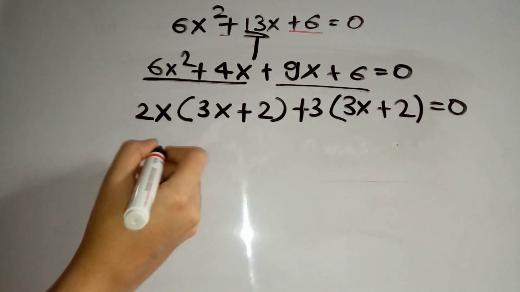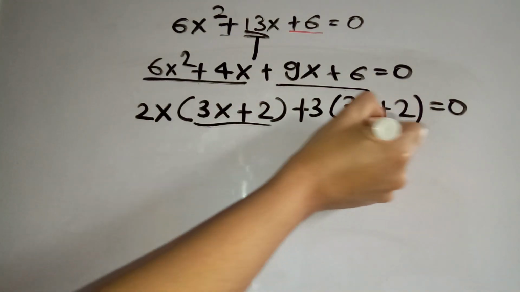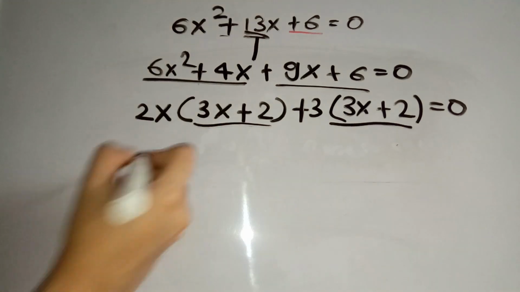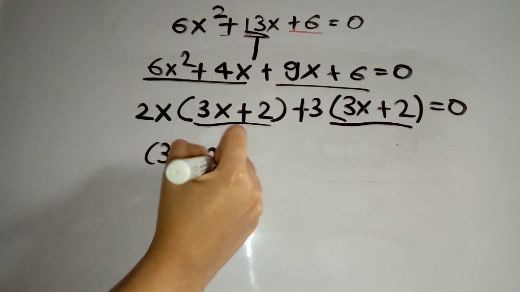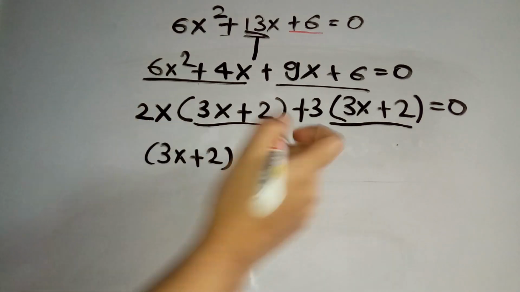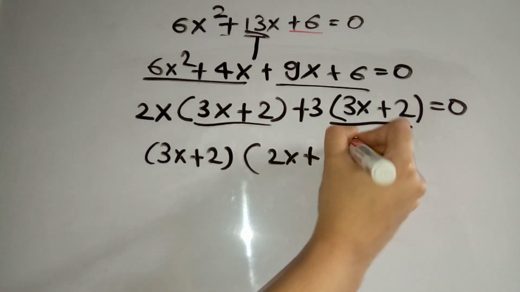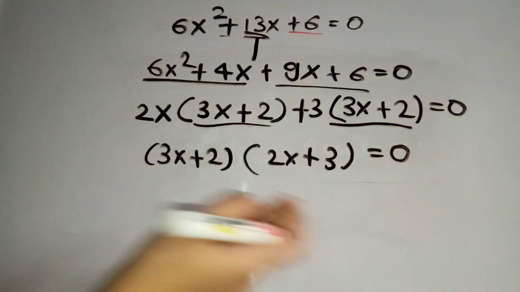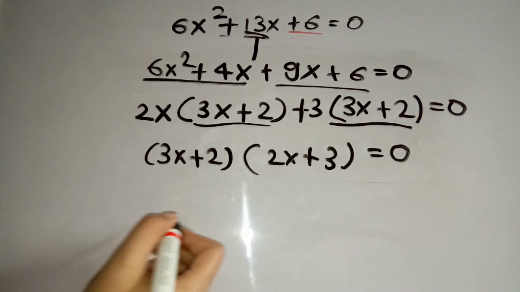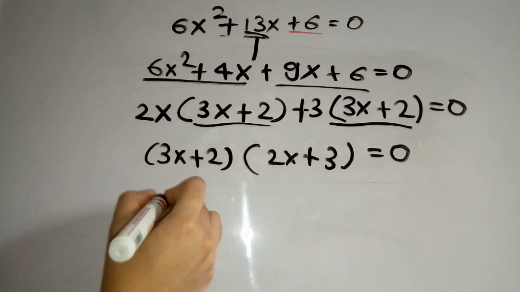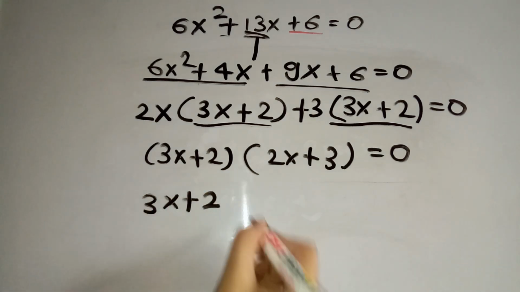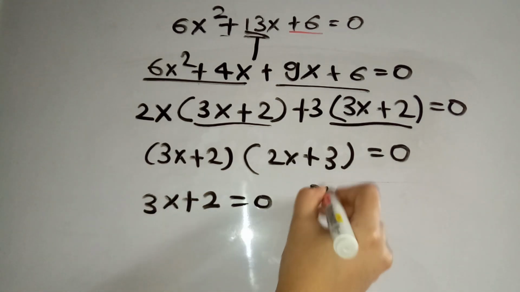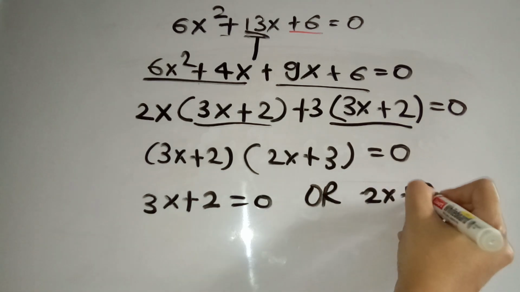Now we can take this 3x plus 2 common. So 3x plus 2 and in the next one 2x plus 3 is equals to 0. So we get our factors. Now the factors are 3x plus 2 is equals to 0 or 2x plus 3 is equals to 0.